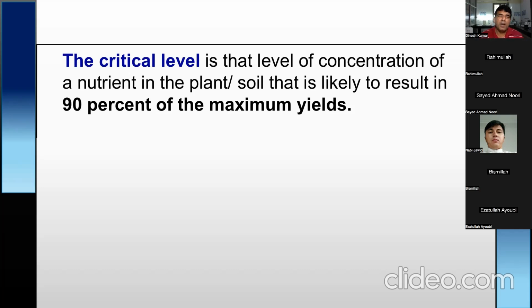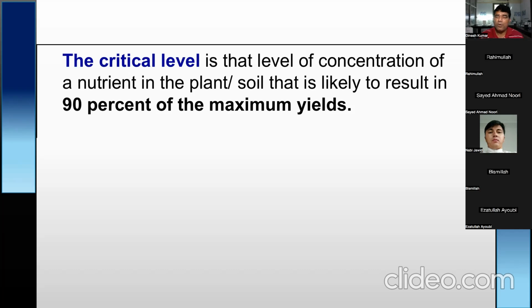All nutrients are available in sufficient quantity in the soil. Then the crop will give you maximum yields. So maximum yields are obtained when all the essential nutrients are present in right and adequate amount in soil. So that is 100% yield.